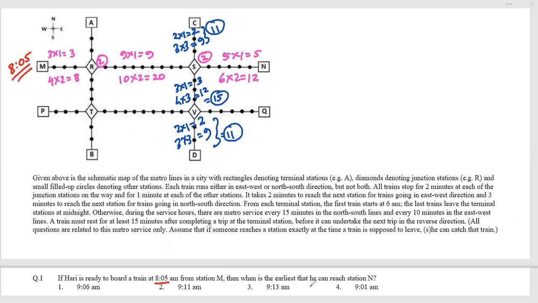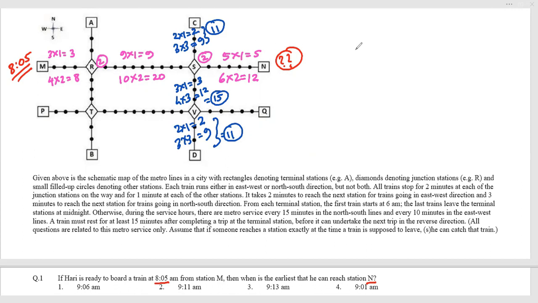Then when is the earliest that he can reach station N, at what time? That is my question. Now 8:05. From there, some time to reach N, that I can find out from the given time. But the fast train, which one can Hari catch? I know that every 10 minutes a train is starting.